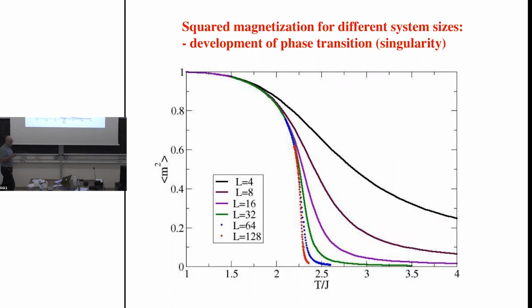But to really see the fully singular behavior you can never do, because you would have to go to infinite system size. But what you can do is to analyze the data in various ways that I will talk about later. Analyze your data close to the critical point using what's called finite size scaling.